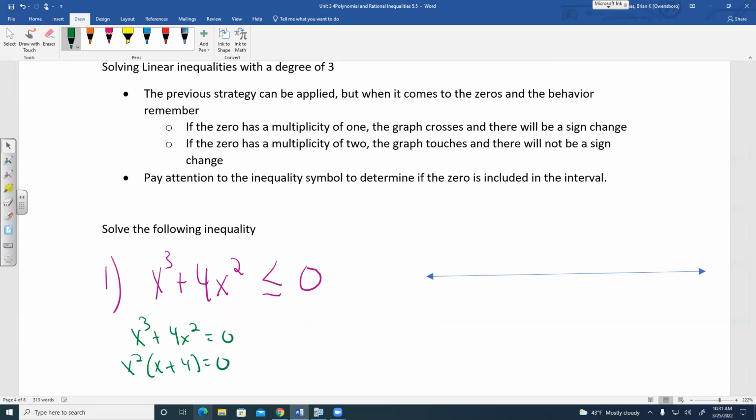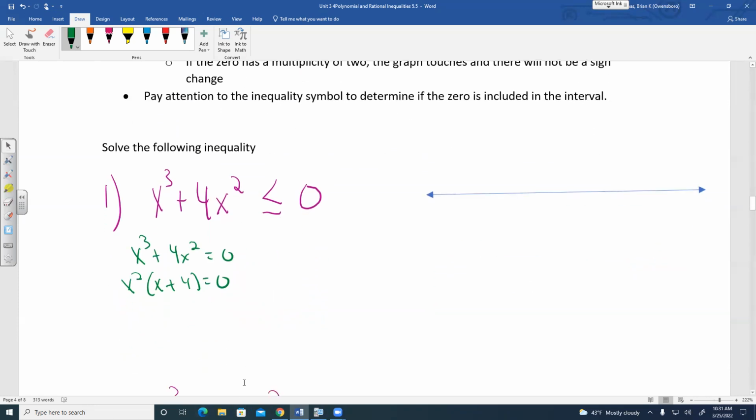So it is factorable. So we set each factor equal to 0. So we have x equals 0, and we have x plus 4 equal to 0. Well, x equals 0 is already solved. X equals -4 would be this one. So again, I would have two zeros here, a -4 and a 0.